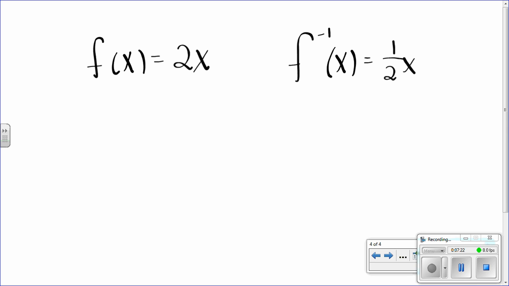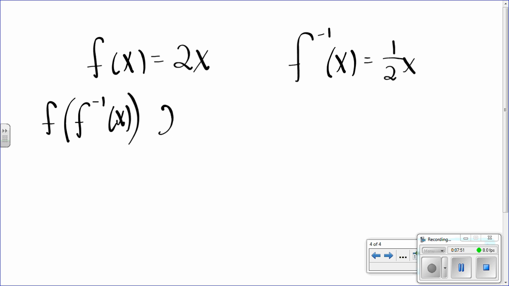We can test if functions are inverses by composing them. That's how we did composition of functions. So right here, I want to know if these are inverse functions. So I'm going to do a composition of functions. I'm going to do f of what I believe to be the inverse of f of x.